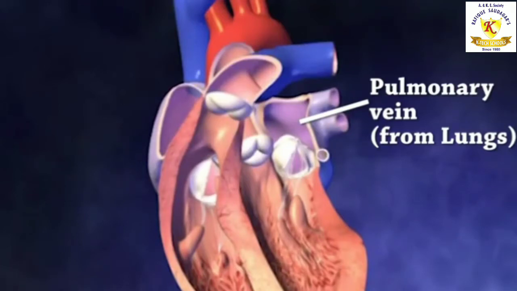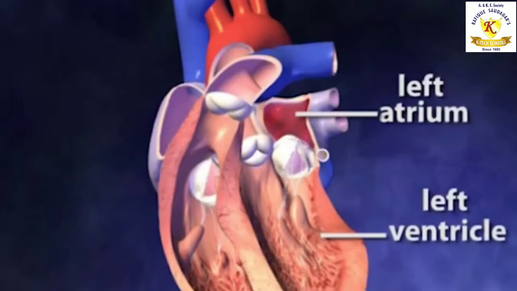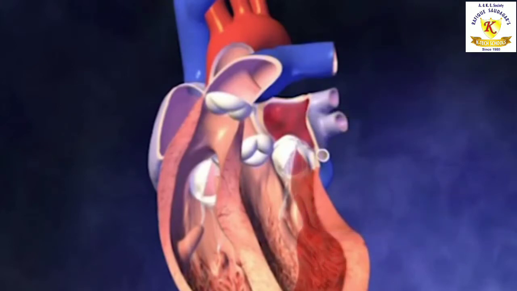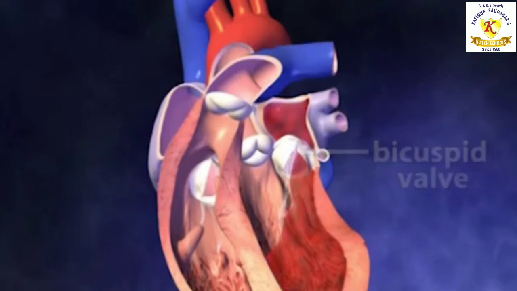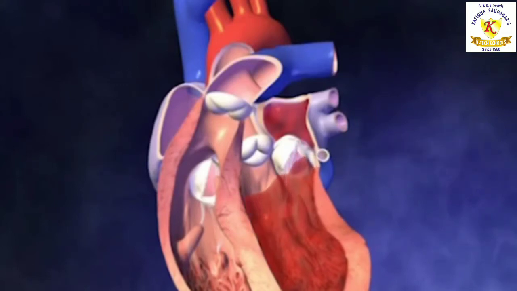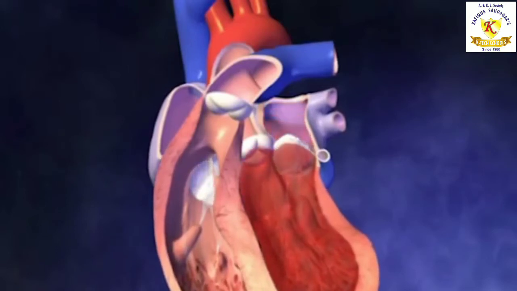There is a valve present between the left atrium and left ventricle called the bicuspid valve. Now, when this valve opens, the oxygenated blood enters and gets filled in it.